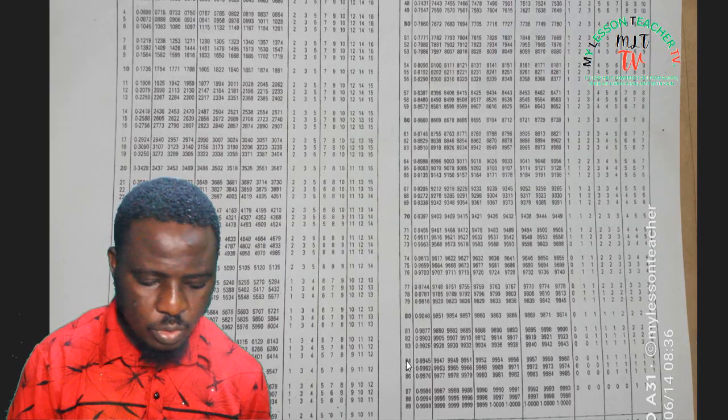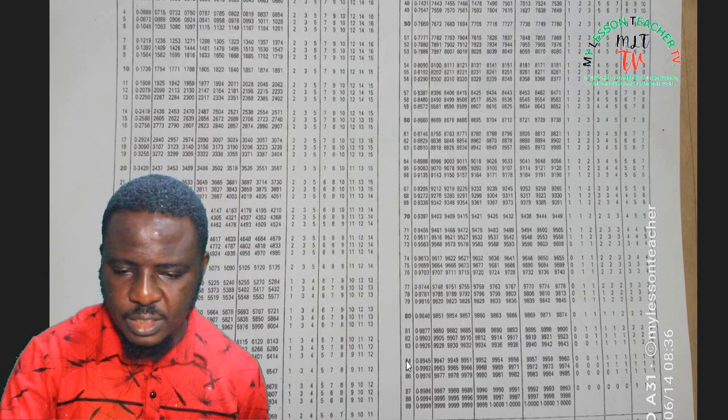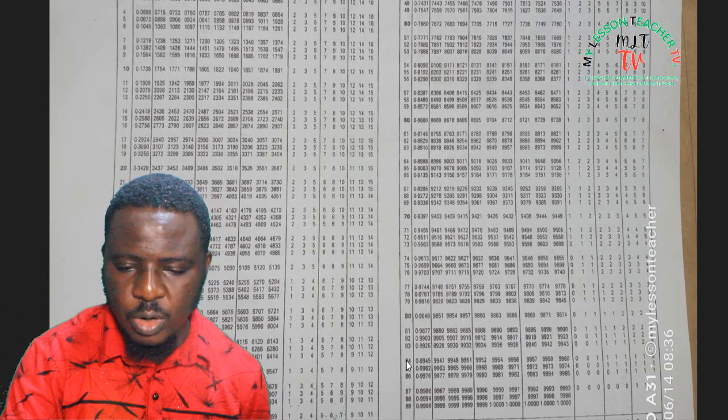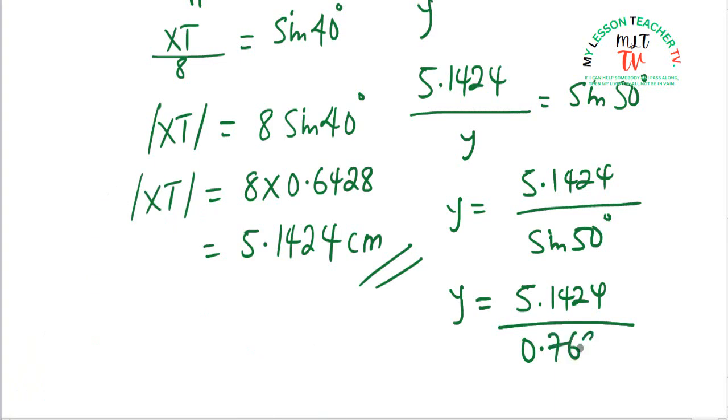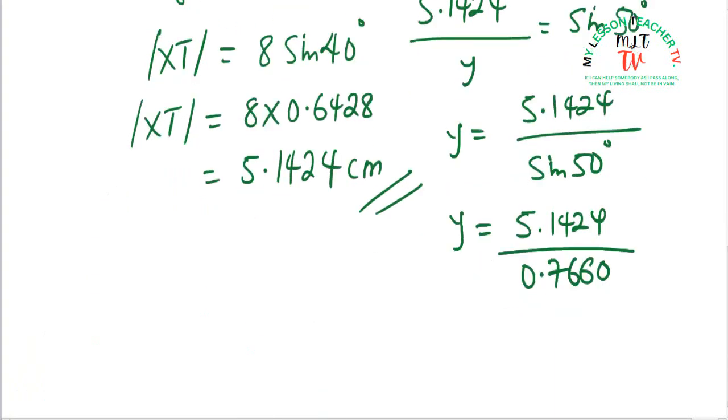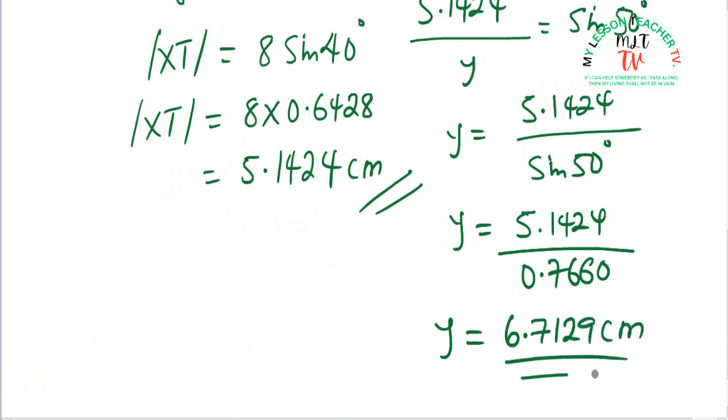Going back to your table, you have sine 50 to be 0.7660. So when you divide, it gives you your value for Y. That is to say that Y is equal to 6.7129 centimeters. So this is your value for Y.